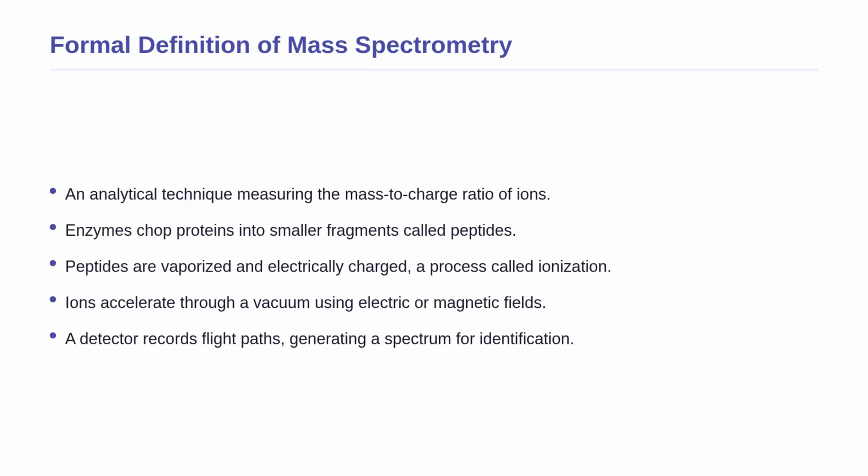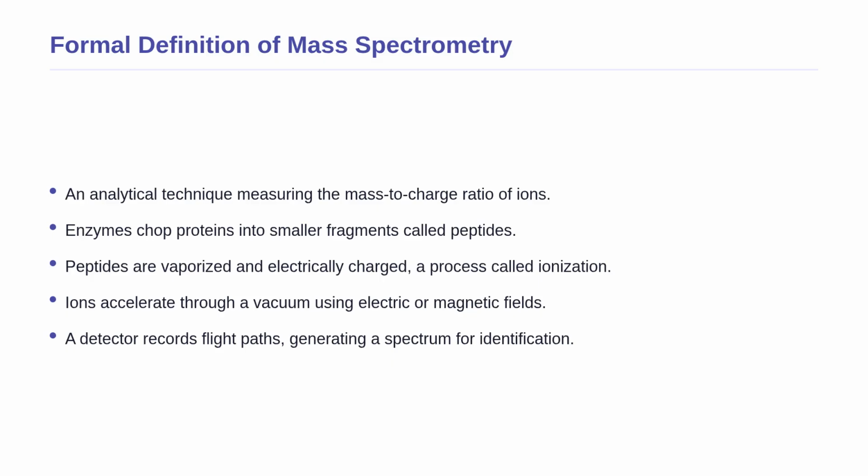Now that we have an intuitive grasp, let us look at the formal definition. Mass spectrometry is a powerful analytical technique used to measure the mass-to-charge ratio of ions. In computational biology, the process begins by taking a protein and using enzymes to chop it up into smaller fragments called peptides.